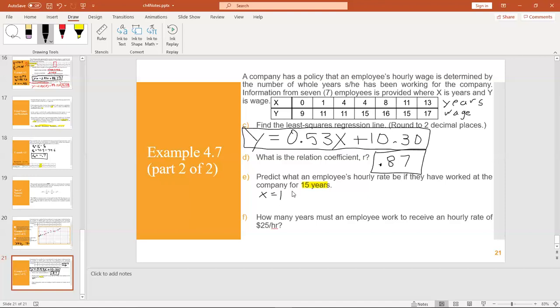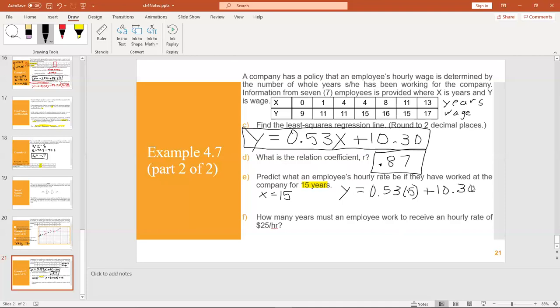The label is a good clue as to which variable you're supposed to put it in for. So what do we got? We got y equals 0.53 times 15, and then we're going to add 10.30.